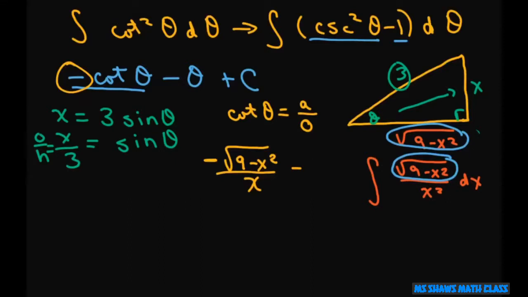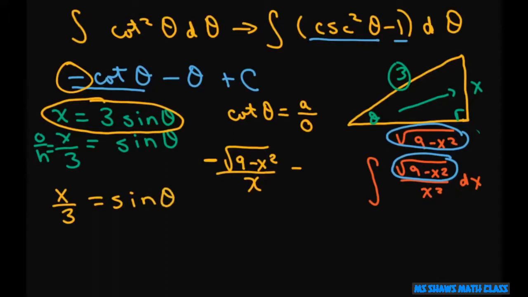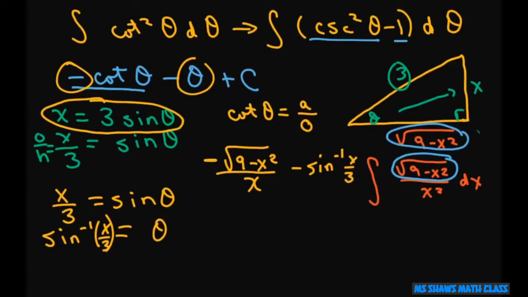So on our theta, all we have to do is look at this. We have x divided by 3 equals sine of theta. So theta equals inverse sine of x divided by 3. So I'm just going to substitute in this theta with inverse sine of x divided by 3. And you still have your plus c.